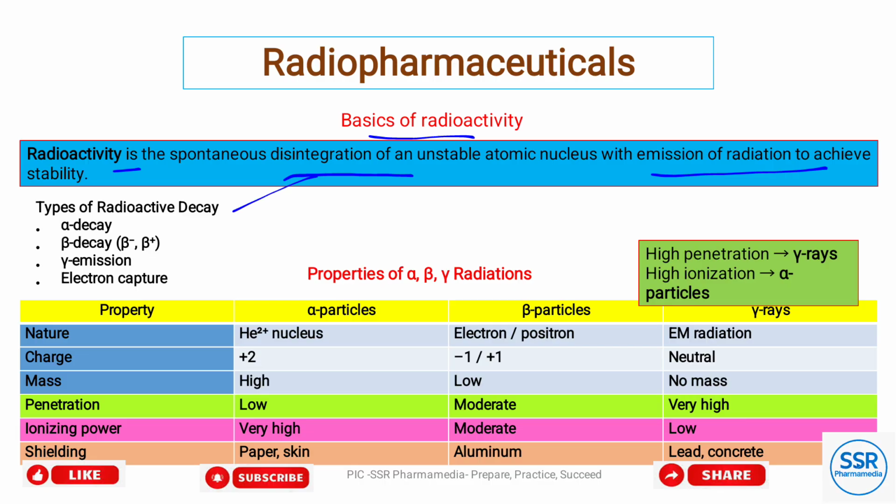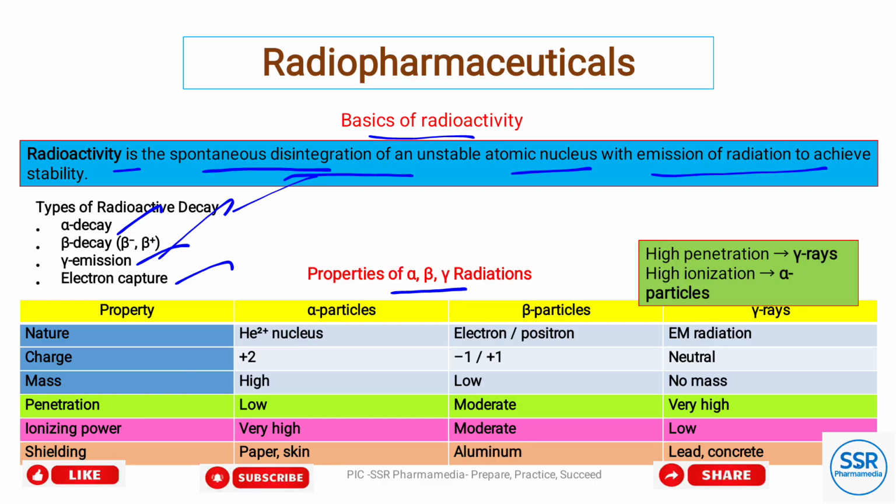The types of radioactive decay are alpha decay, beta decay, both beta minus (negative) and beta plus (positive), gamma emission, and finally electron capture. Once the substance undergoes spontaneous disintegration, it emits radiation, and the emitted radiations are of three types: alpha, beta and gamma.